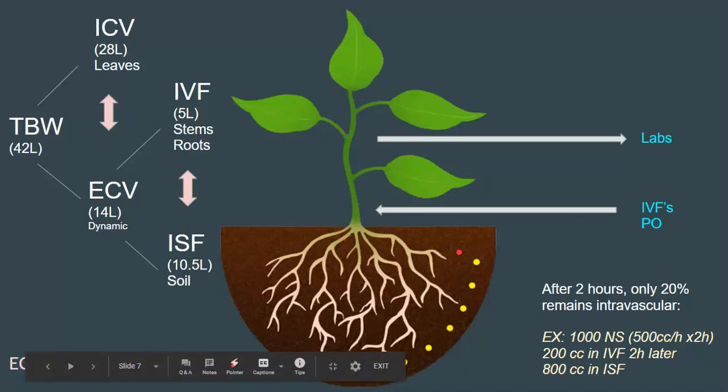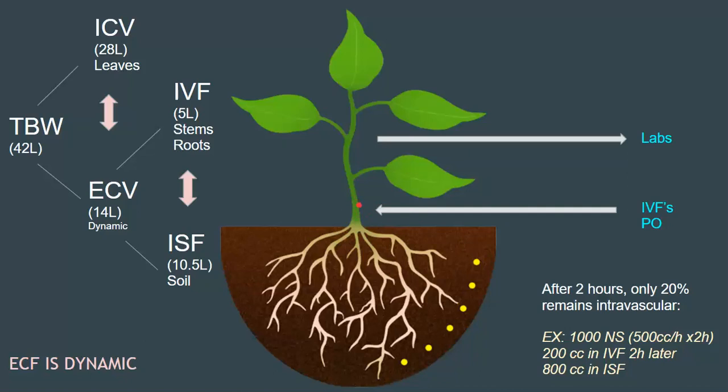Well, that's because the oncotic pressure, the osmolarity of the normal saline is only 154 milliequivalents per liter, but that's not enough to keep it intravascular after all that time.